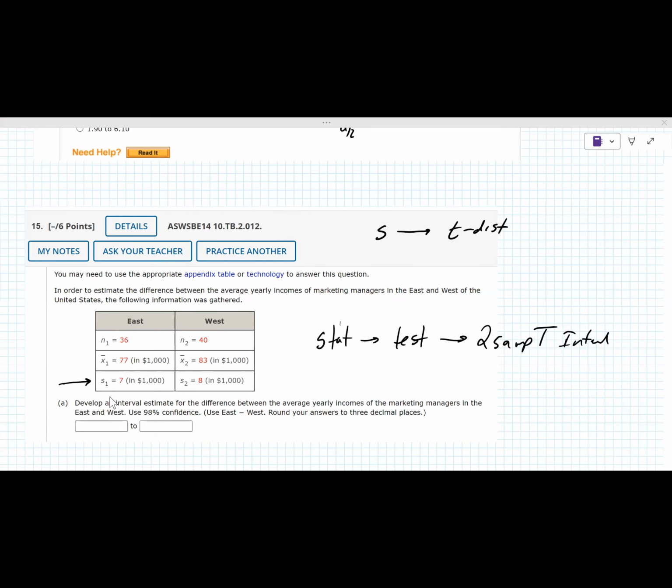S squared is the variance, regular S is the standard deviation. So just the numbers this time. And our C level is 0.98.